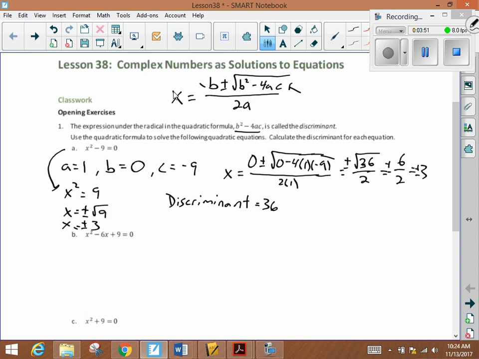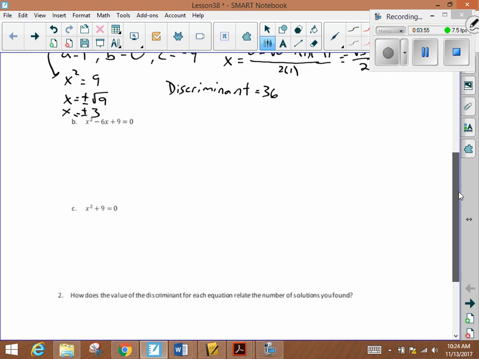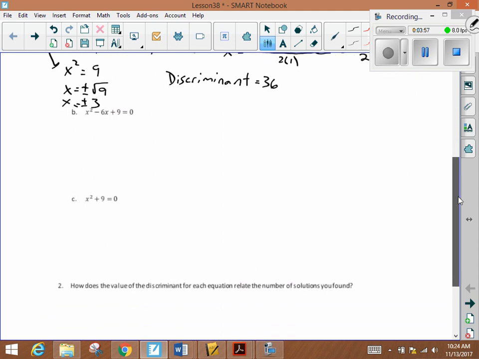Alright, let's do another one. In this case, A is equal to 1, B is equal to negative 6, and C is equal to positive 9.